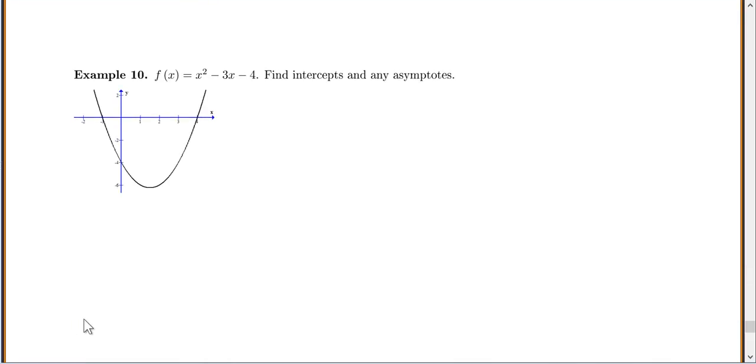So let's try it. Most of your problems we're not actually going to ask you to find the intercepts and asymptotes, but I think there are a couple on your homework where you have to. So f of x equals x squared minus 3x minus 4. Find any intercepts. So let's do our x-intercepts.